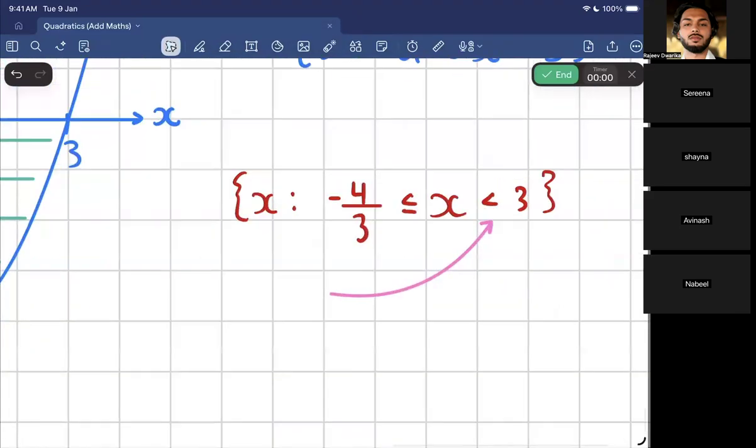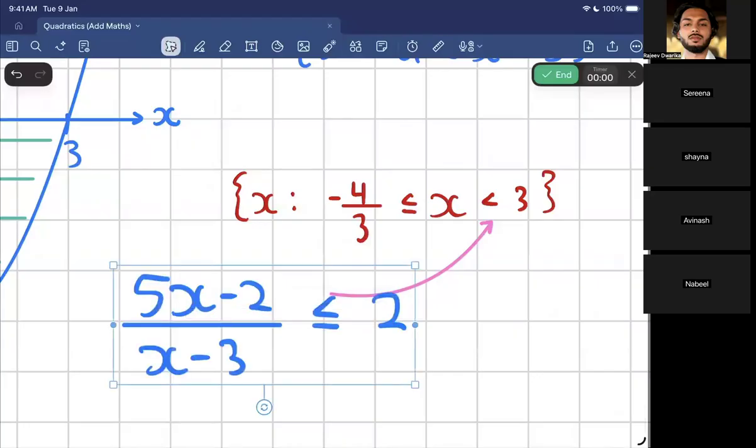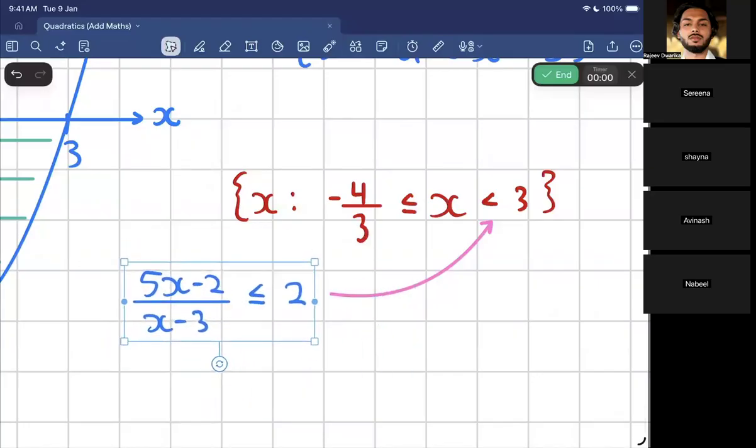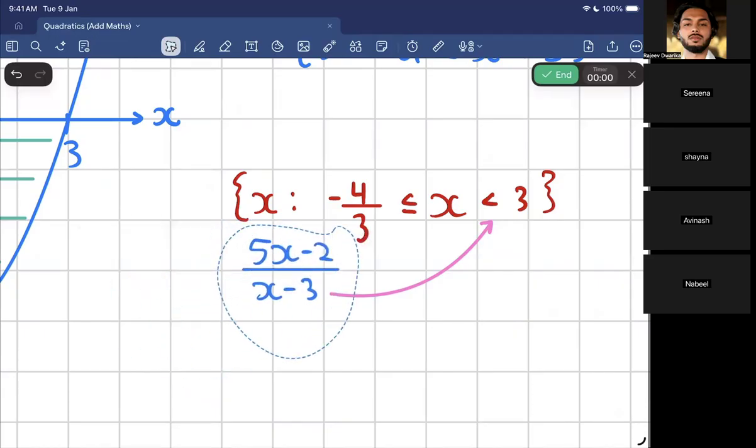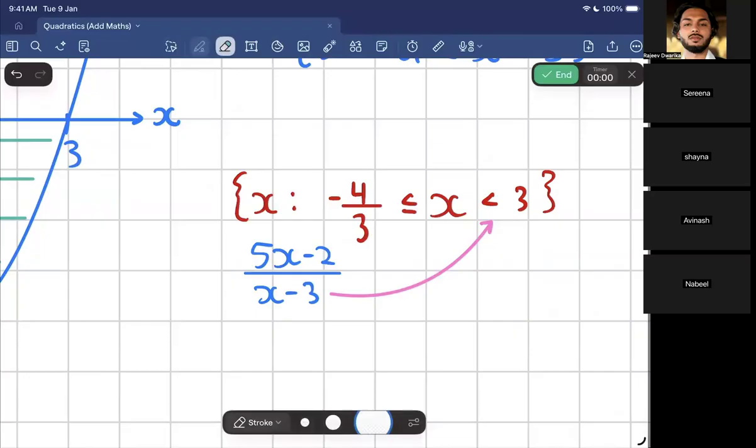Okay, so that's it for quadratic inequalities. Are we okay with the subject now? Are we okay with the topic? Talk to me. Yes, sir. What about the rest of you guys? Are you all okay with the topic now? Yes, sir. So Nabil, are you 100% confident with this or not?